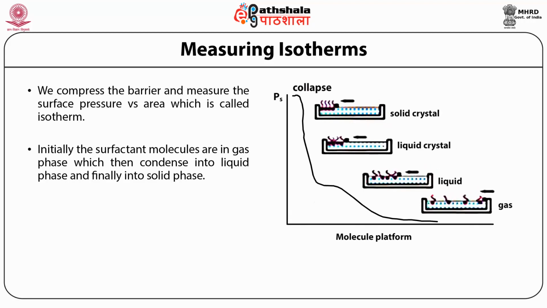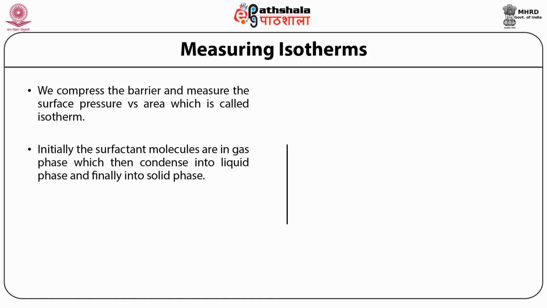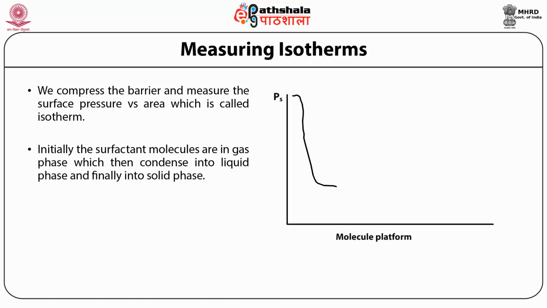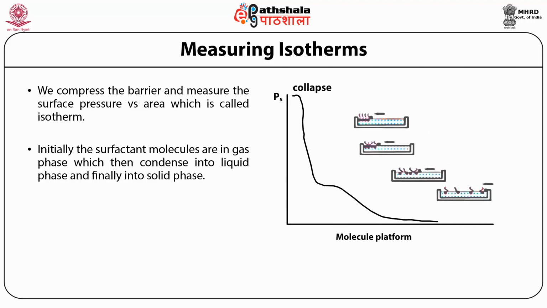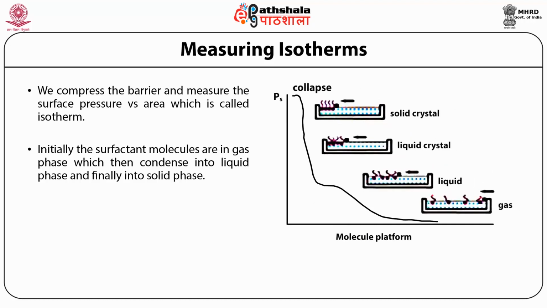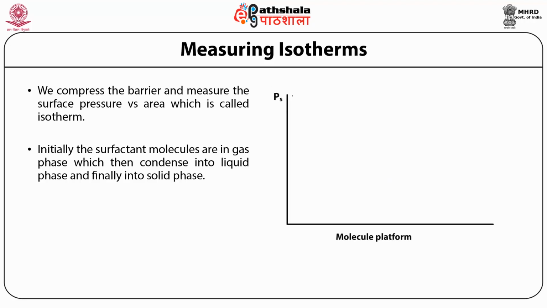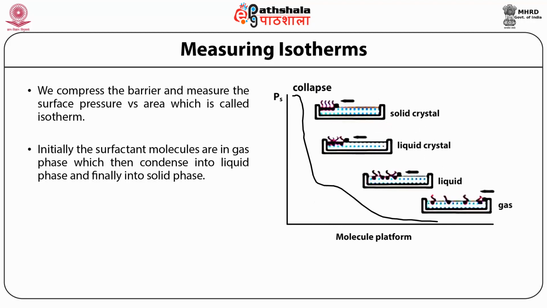At this stage, the surfactant molecules are organized in a pattern, just like solid atoms and molecules are organized in a given pattern which we call a lattice. Here the surfactants also are organized on a surface in the form of this two-dimensional lattice. So this has all sorts of symmetries of a two-dimensional lattice.